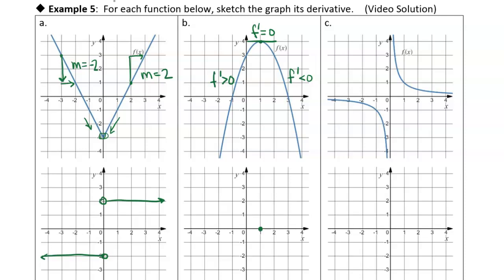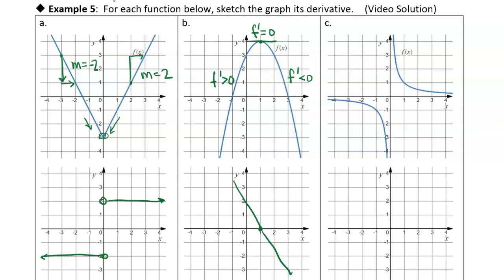I haven't actually estimated points, but I'm just going to make it positive to the left of 1, and to the right of 1 it's negative. So this would be a possible graph. It could be a linear function. That's a sketch of a possible graph of the derivative of that function.